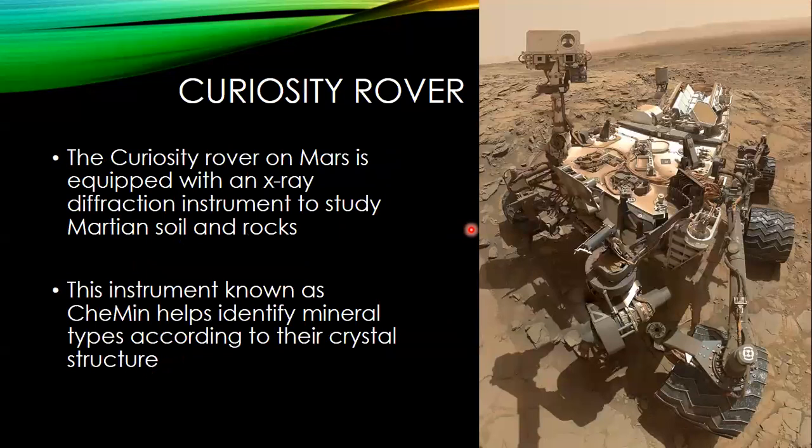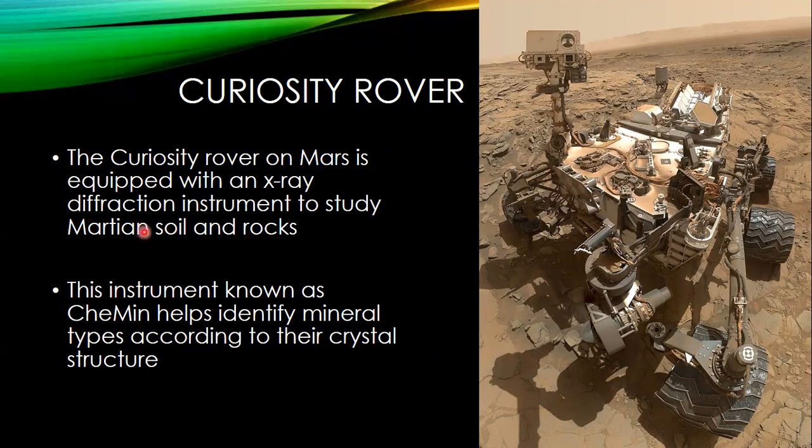The Curiosity rover is another example of where X-ray diffraction is used. Now, this roving laboratory has to be very compact and be able to analyze its samples with a great deal of sophistication.